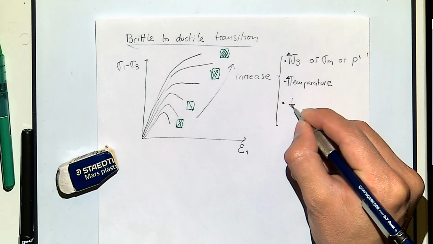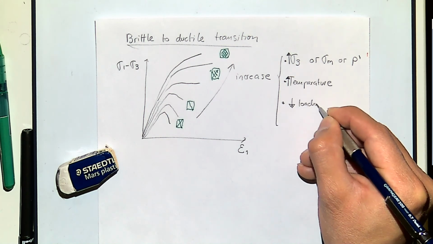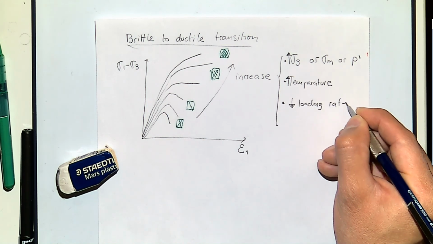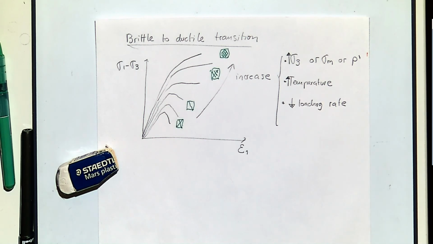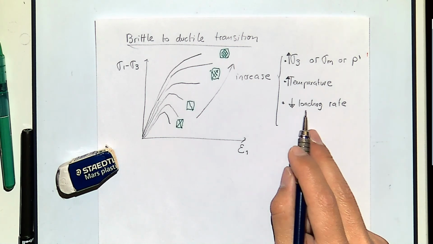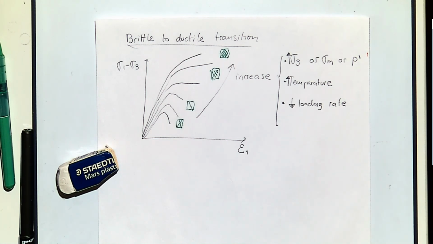Decreasing the loading rate will also make a rock seem more ductile. For example, when we were saying folding of geological layers over geological time, over millions of years, a rock that appears to be super brittle, over millions of years with creep, it gets a lot more ductile.